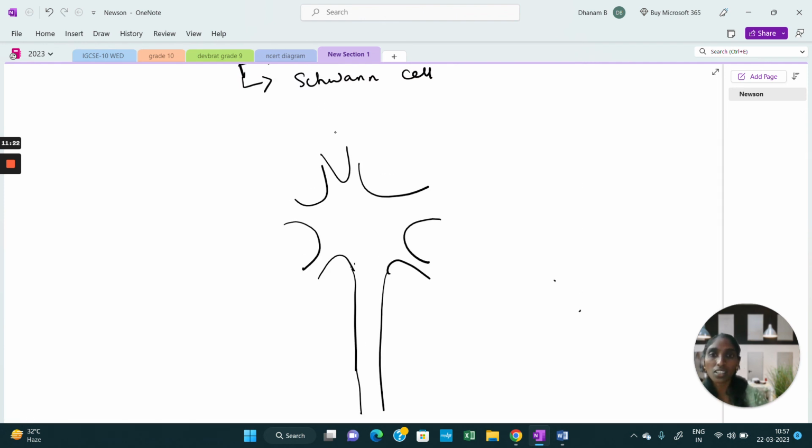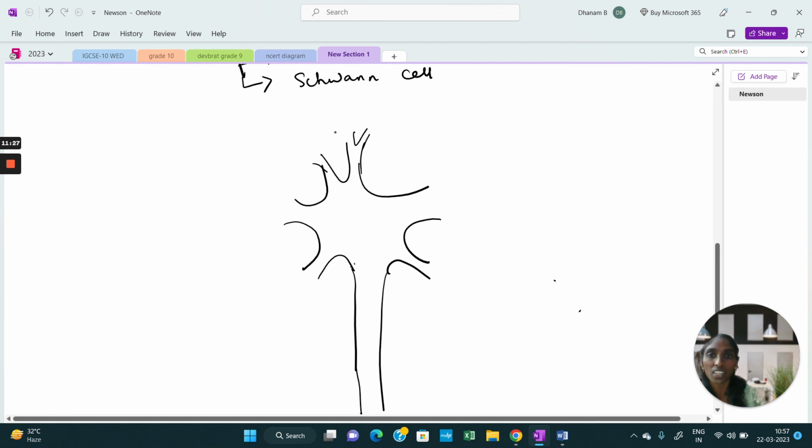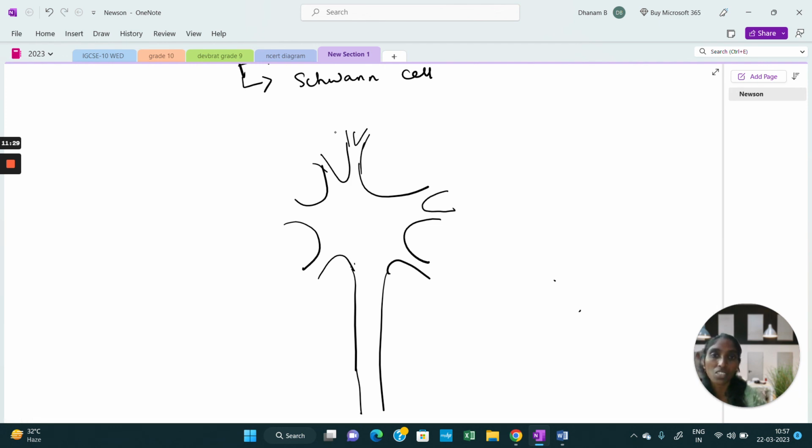This is the dendrites region. It is not a simple layer. So many branches arise from these dendrites. It's a multipolar neuron, not unipolar. A multipolar neuron has more dendrites and one axon. That you have to remember. Multipolar neuron means more dendrites and one axon. This is the region of the cell body.